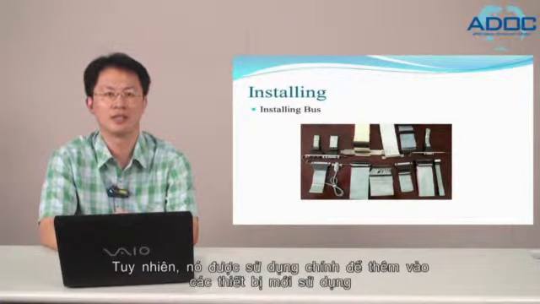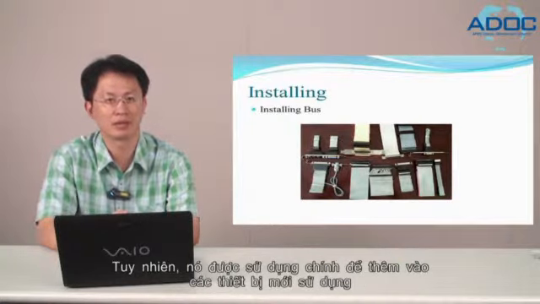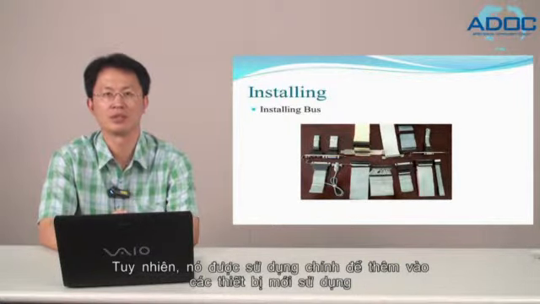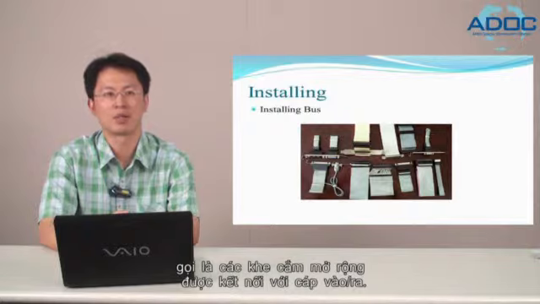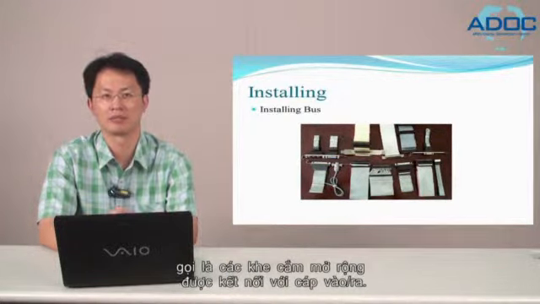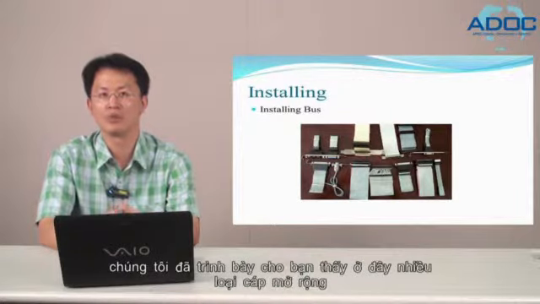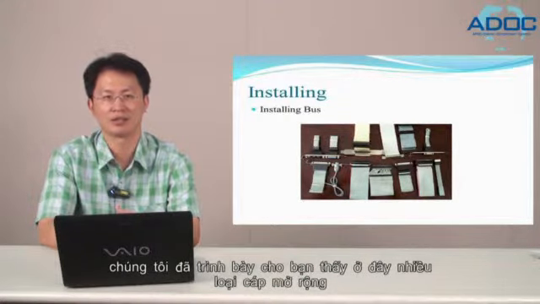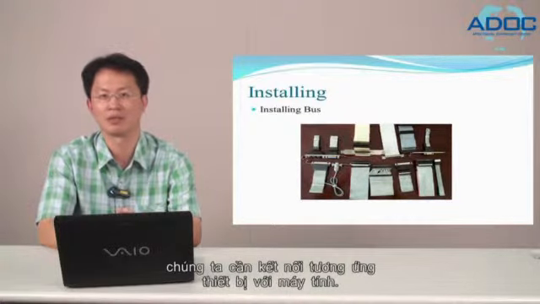However, it is mainly used to add new devices using what are called expansion slots connected to the input-output bus. What we show you here are various kinds of expansion buses we need to connect to the corresponding devices to the computer.